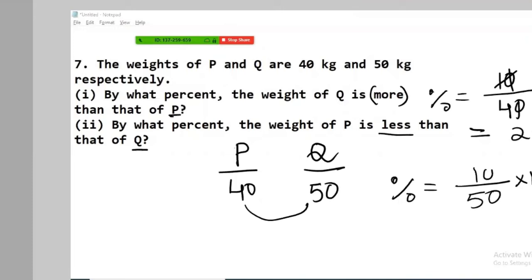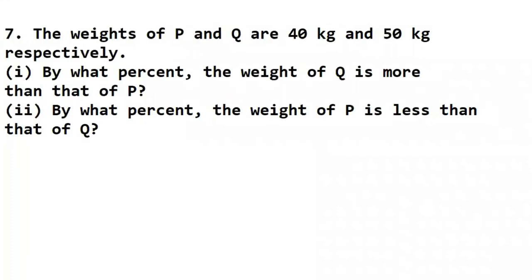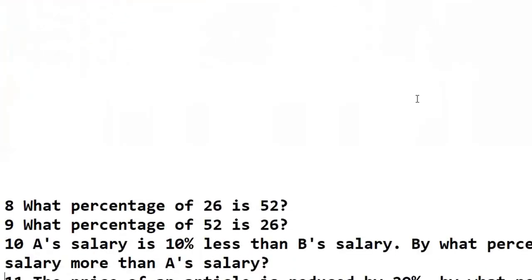What is the difference? 10. So the 0s get cancelled. 1 by 5. 1 by 5 is 20%. I hope everybody got these two answers. Let's move on to different varieties of questions.